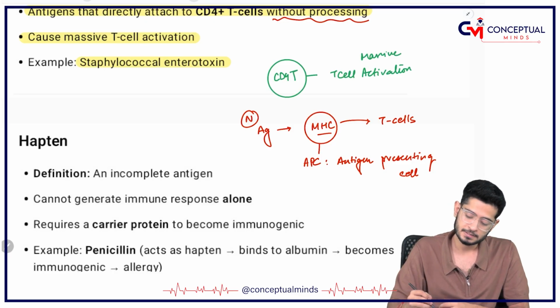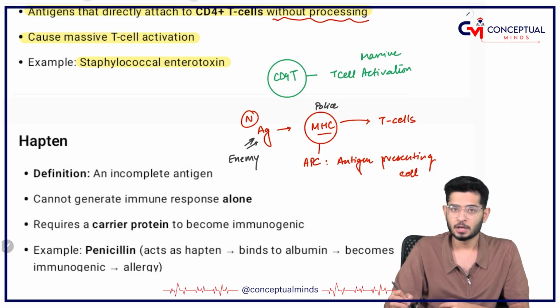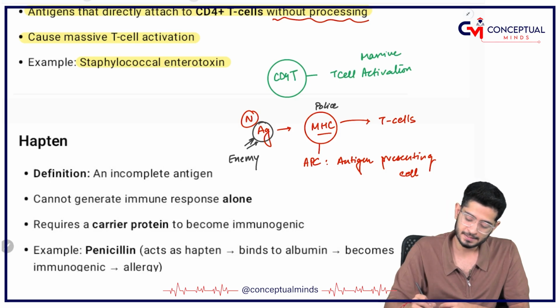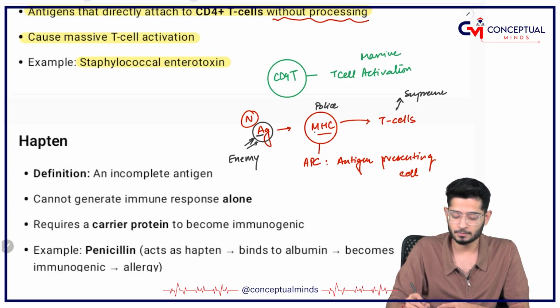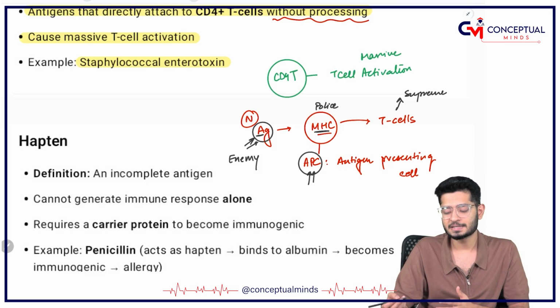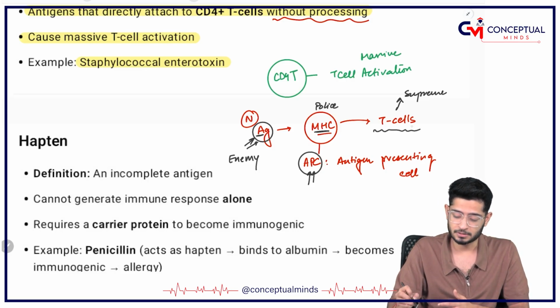First, the antigen is the enemy. The local police, the MHC, is going to take this antigen to the Supreme Court, right? So normally the antigen will be taken by the antigen presenting cells, and further they are going to get to the T cells or the B cells.